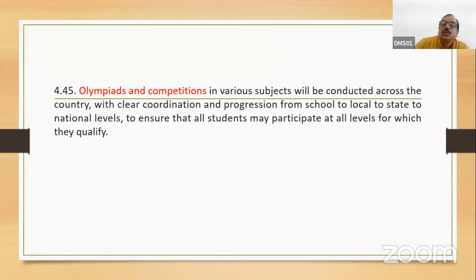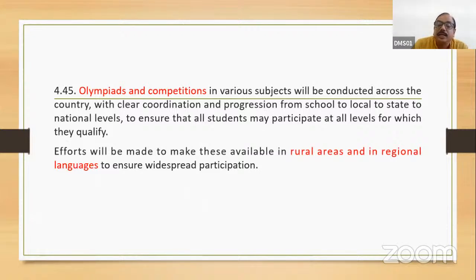And therefore, schools must think of organizing Olympiad and competitions in their respective areas and subjects, so that their students get the opportunity of using them. And efforts will be made to make these available in rural areas and regional languages to ensure widespread participation. Okay, so that means it should not be restricted to only English or Hindi. It should be promoted in all languages.